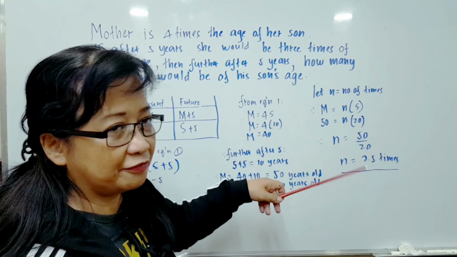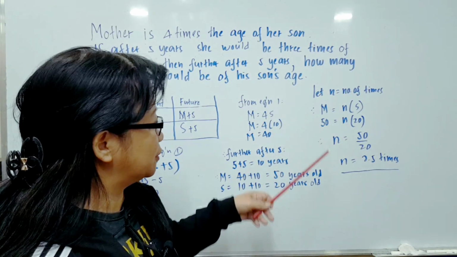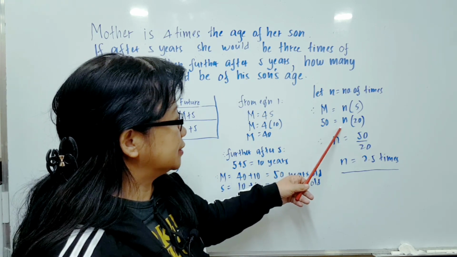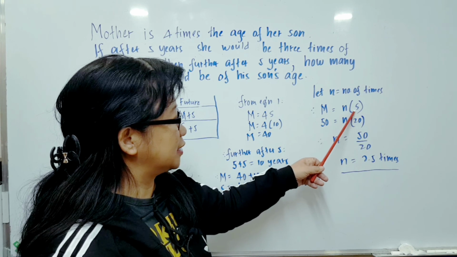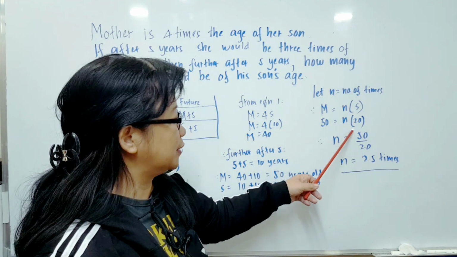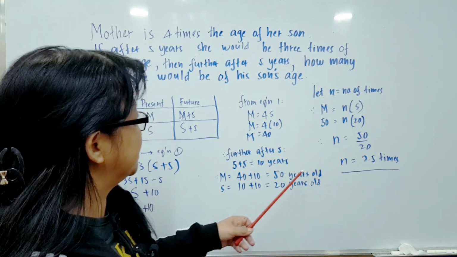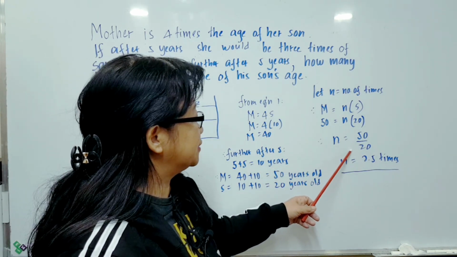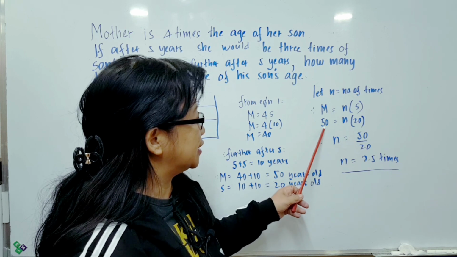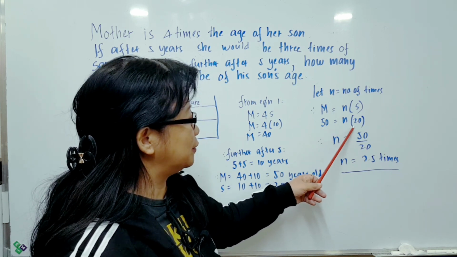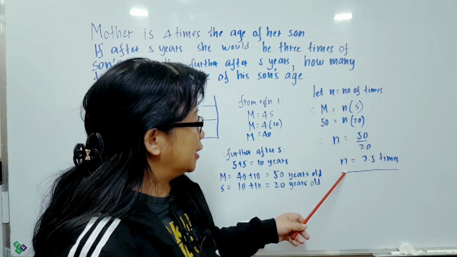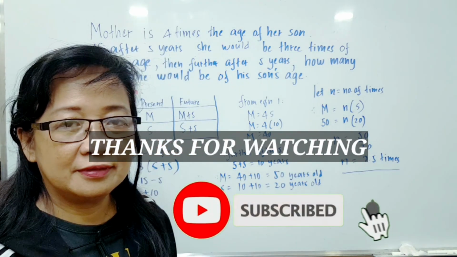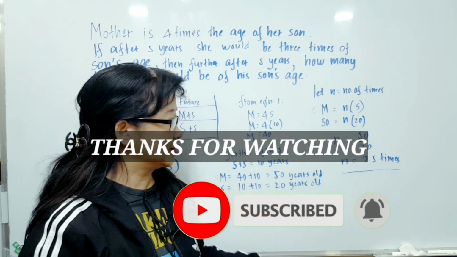Further after 5 years, 5 plus 5 is equal to 10 years, is equal to 50, and is n times 20, which is the son's age. Therefore, the number of times the mother is of his son's age is equal to 50 divided by 20, n is equal to 2.5 times. That is the answer.